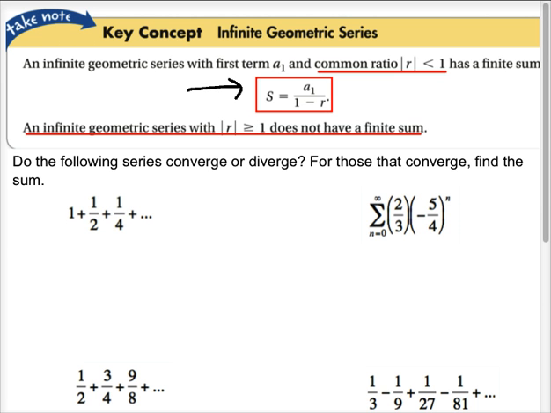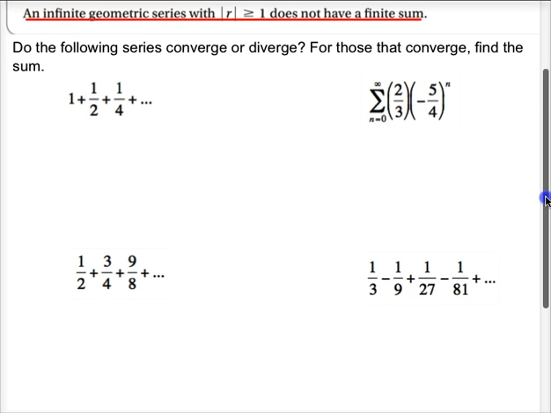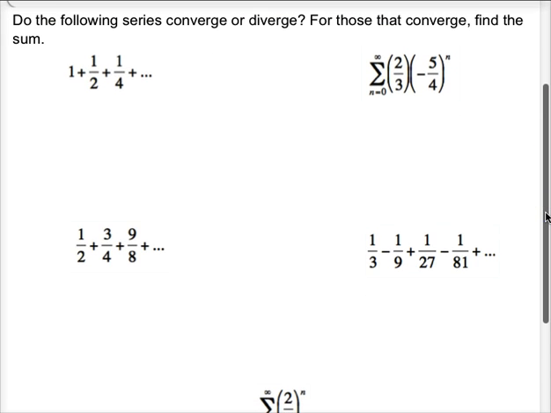So let's take a look at this. The first thing we want to ask ourselves is, do the following series converge or diverge? And for those that converge, they want us to find the sum. So this one, to go from term to term, we're multiplying by a half. To multiply by a half, that actually is going to end up converging.